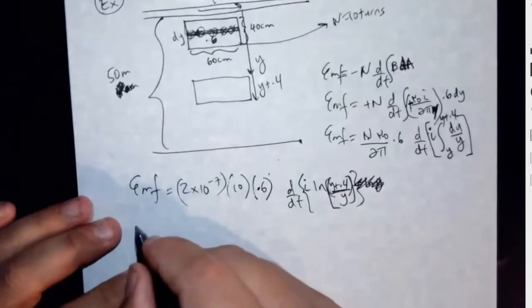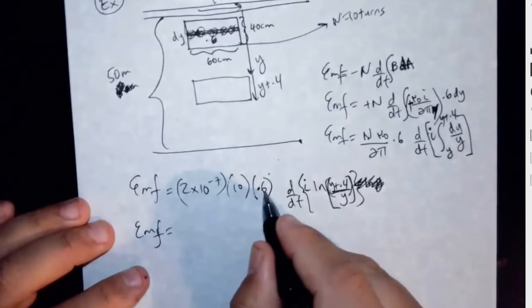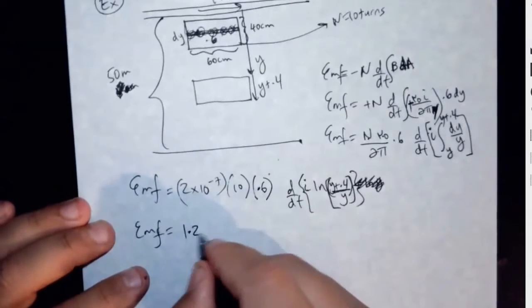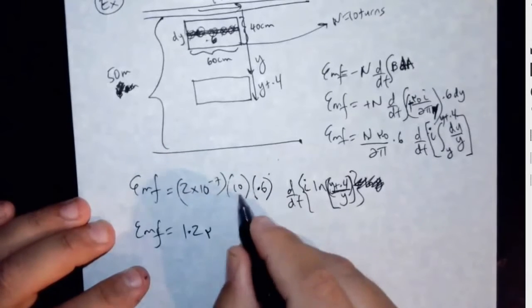So you do 2 times 0.6 is 1.2, times 10 to the minus 7, that's a micro.